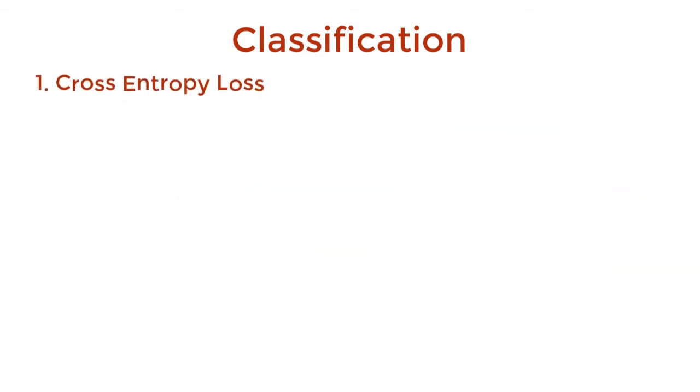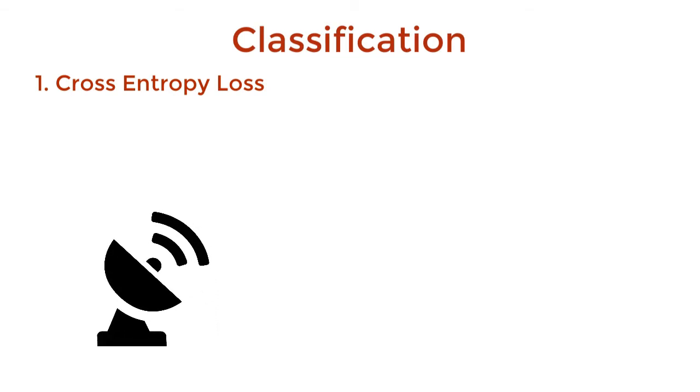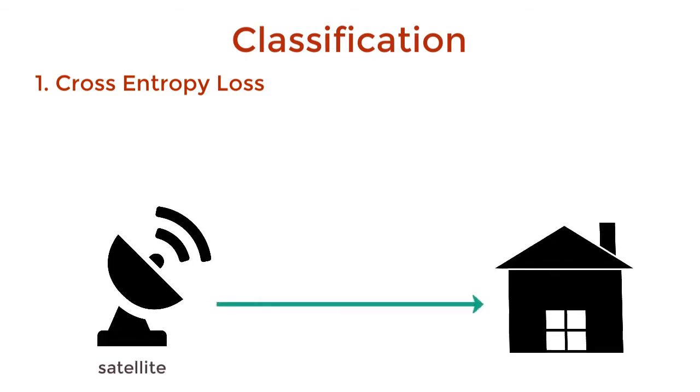So, cross-entropy loss. Entropy has its roots in information theory, so I'll explain it from that perspective. Say that there's this weather station, and it sends you a weather forecast at the beginning of each day, and it tells you what weather it is on that day using some n bits of information.